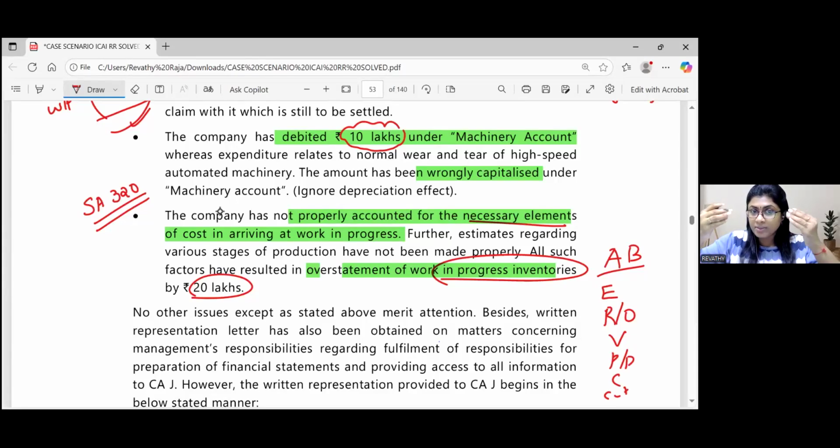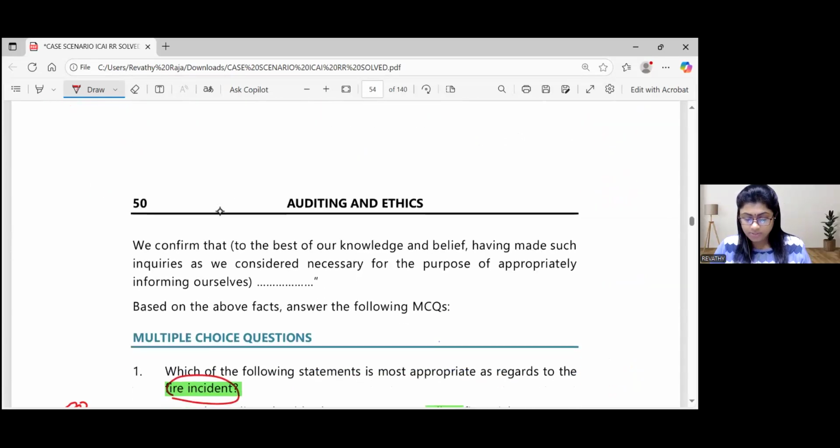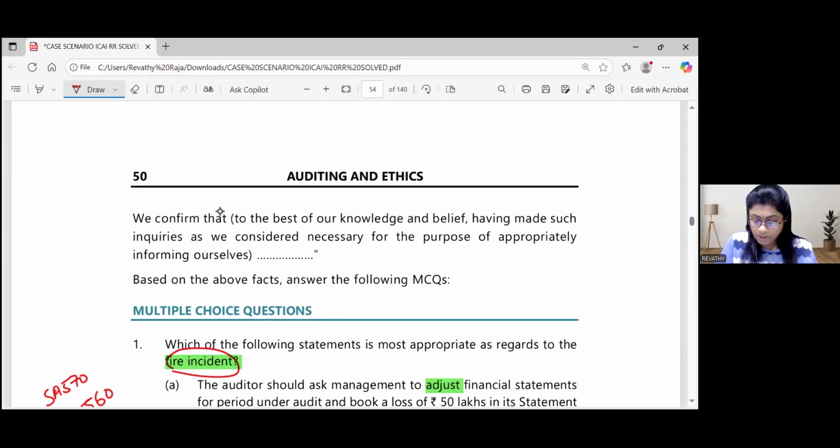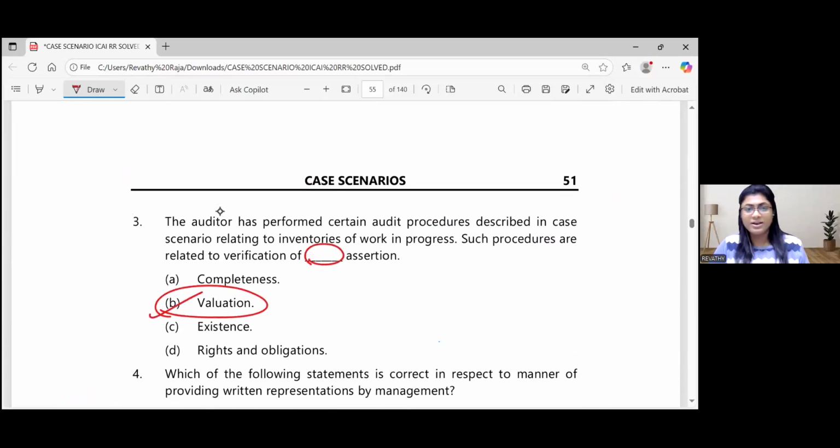Here, overstatement, amount, certain elements not included, amount. So which assertion have they violated here? Valuation. That's right. So the answer is B, valuation.